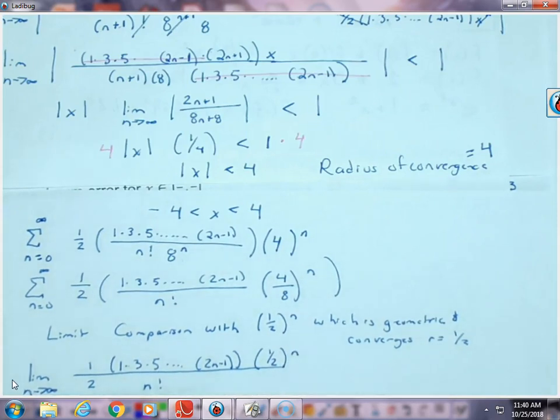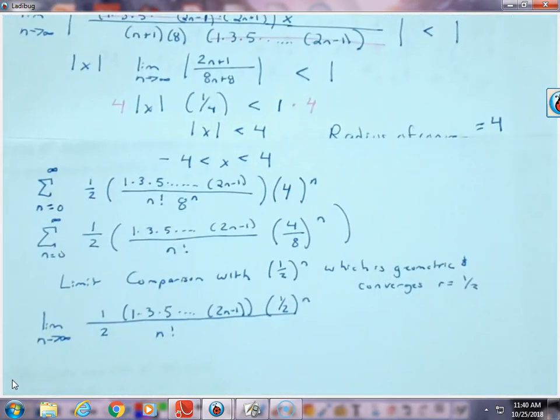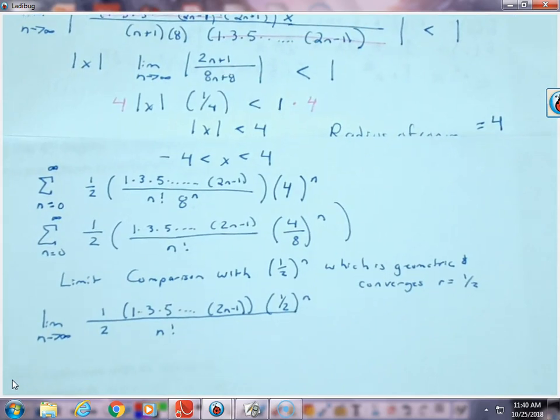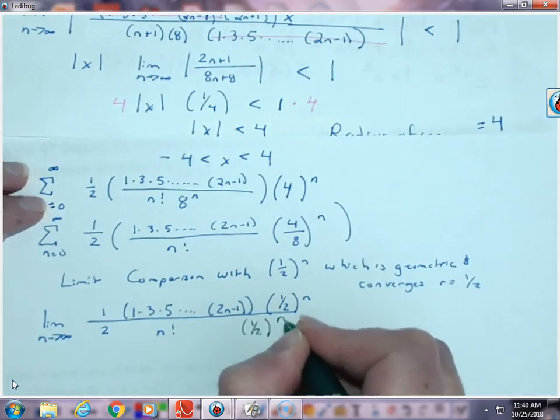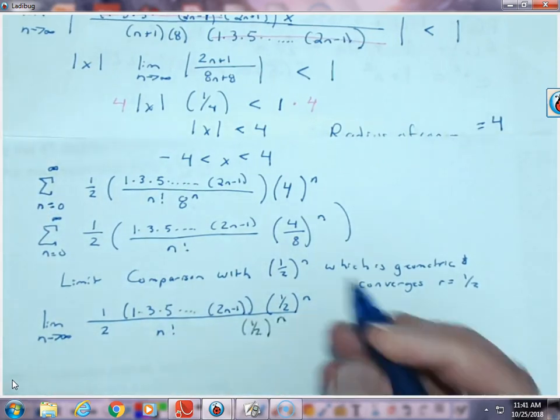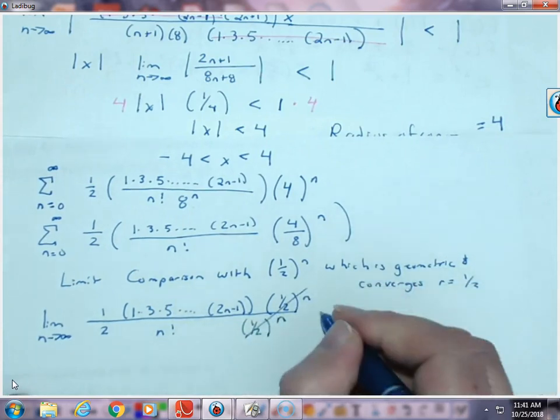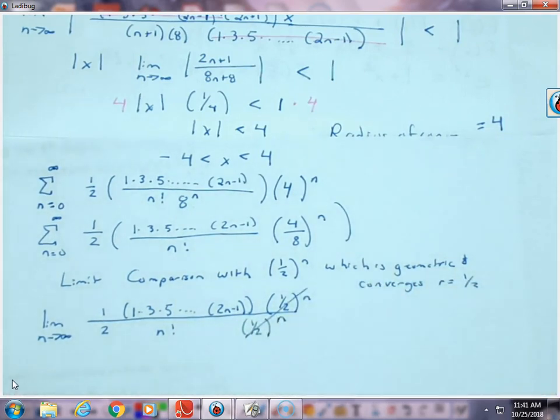Okay, I just made that 4/8 to the n in the numerator, 1/2 to the n. So that's just my sequence, and I'm going to divide by the sequence I'm comparing to, which is 1/2 to the n. And I still have to figure out what the rest of that goes to.